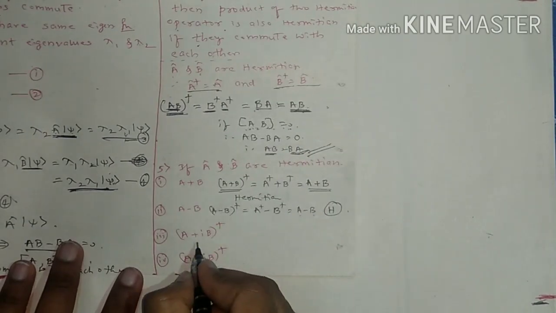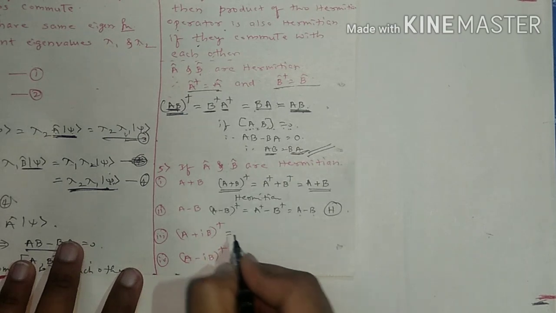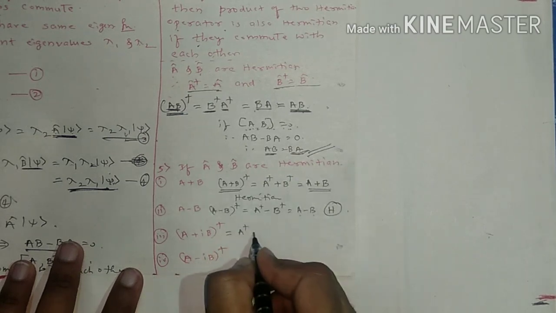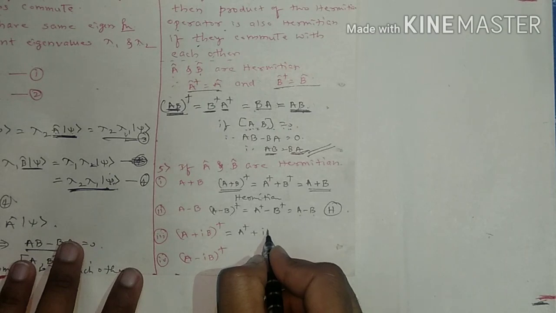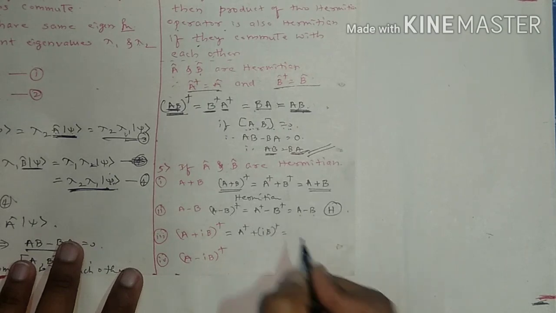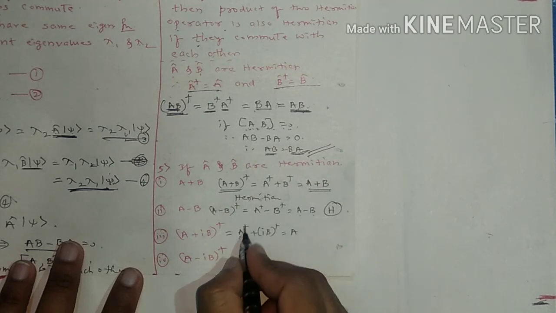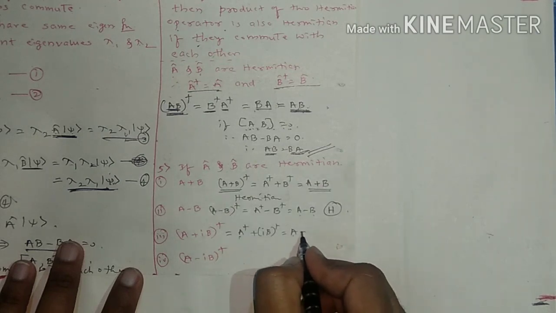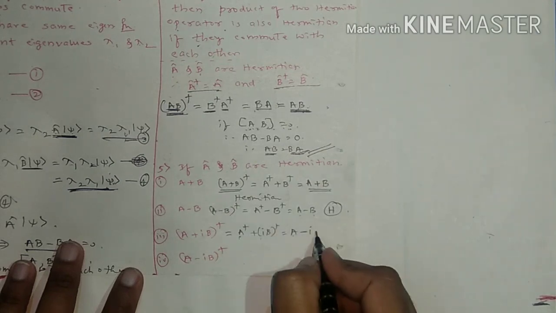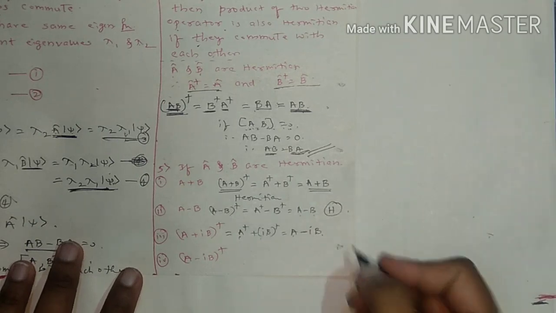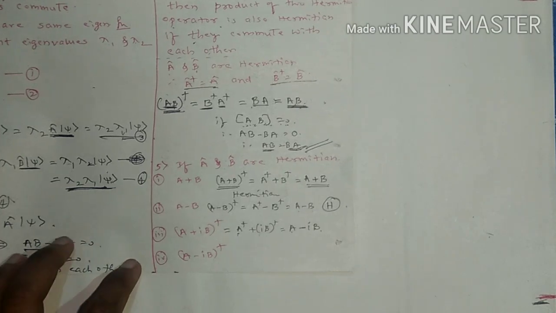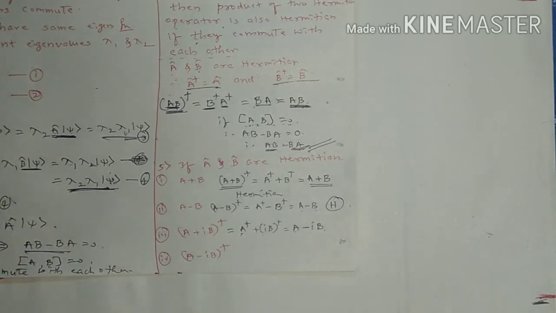So let us do this one. A plus iB. So this is A dagger plus (iB) dagger. This will be A, because A is Hermitian, so A dagger will be equal to A. I dagger is minus i, and this is B dagger, so that will be B. So A plus iB dagger is equal to A minus iB.